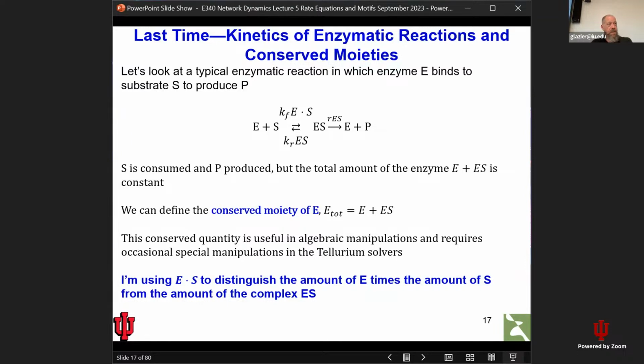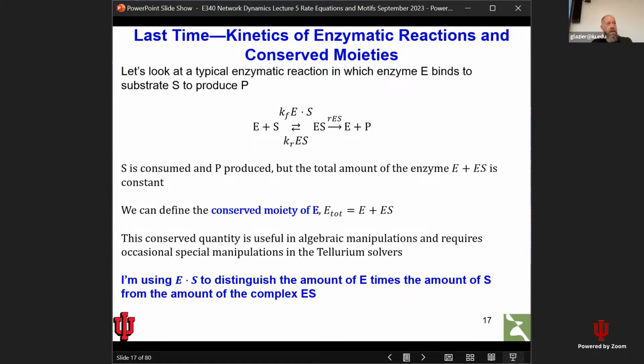So it's Kf times the concentration of E times the concentration of S. That makes a complex, which has the somewhat confusing notation ES. And I have the dot to indicate multiplication of the concentrations, because otherwise it's ambiguous.